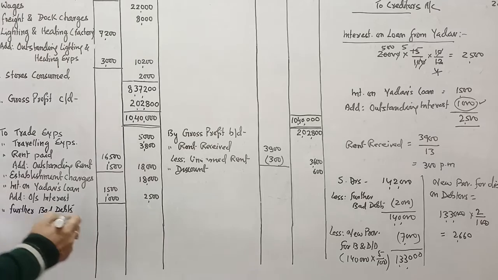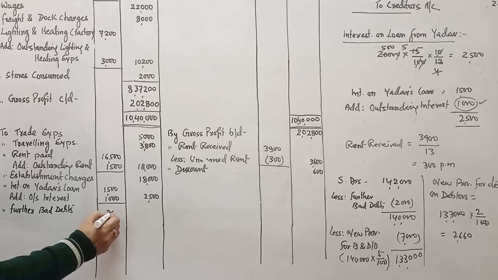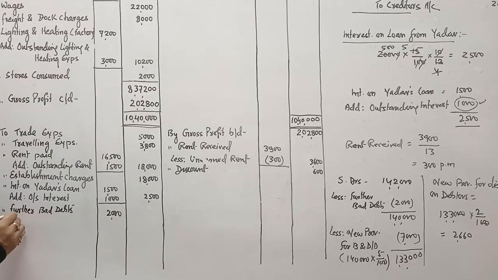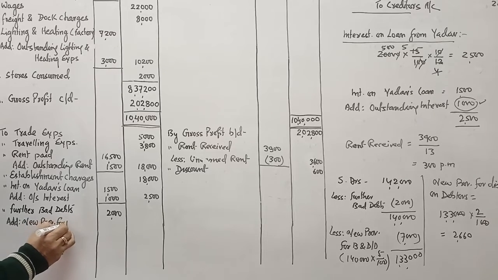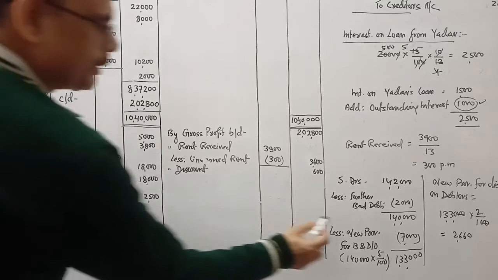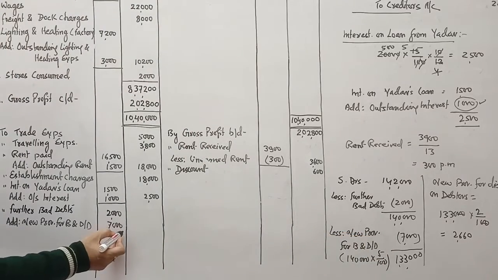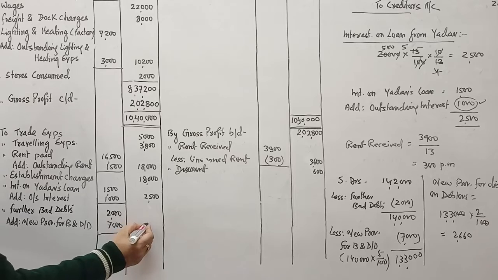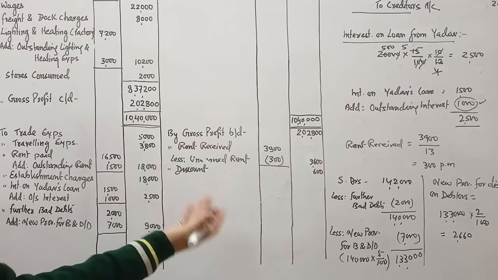Here further bad debts is given, further bad debts is 2000. You add the new provision for bad and doubtful debts, that is 7,000. We have calculated 7,000 as the new provision for bad and doubtful debts. There is no old provision for bad and doubtful debts, that's why we write the amount directly in the outer column.